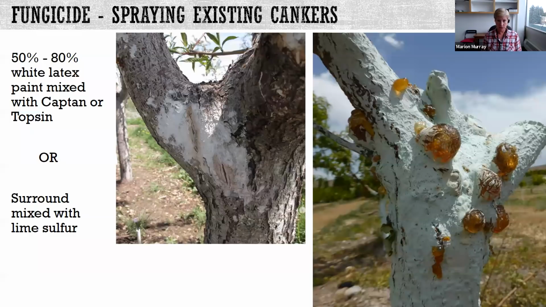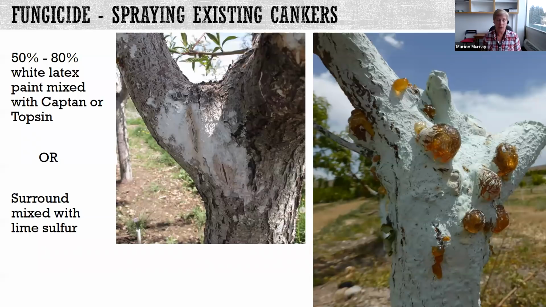And then of course there are also existing cankers. Another thing they tested is painting over the existing canker with this same mixture, about 80% white latex plus the fungicide, again Captan or Topsin. What that does is prevent the fungus from sporulating on that existing canker and thus prevents further spread.